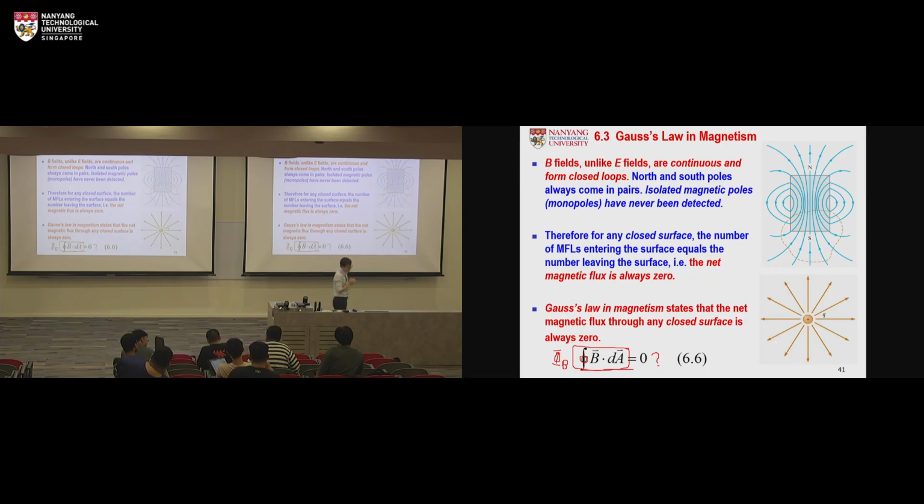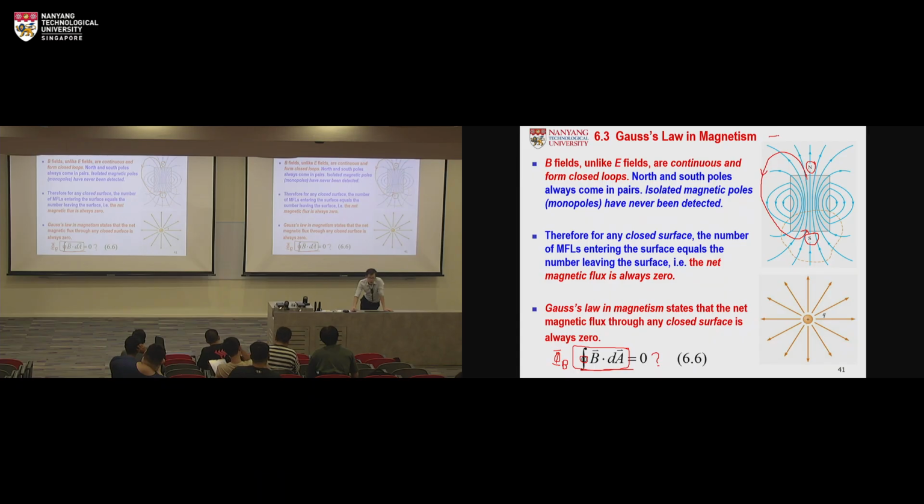This is point 1. And the second point is for magnetism. We just mentioned the magnetic field line always leaves the North Pole and comes back to the South Pole. And now the special thing is for the magnet, this N and S always come in pair.